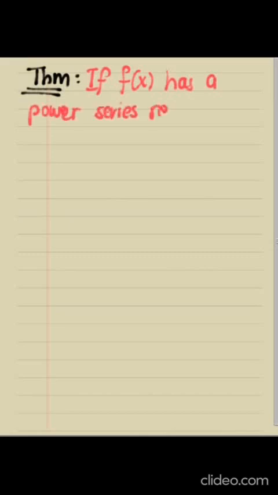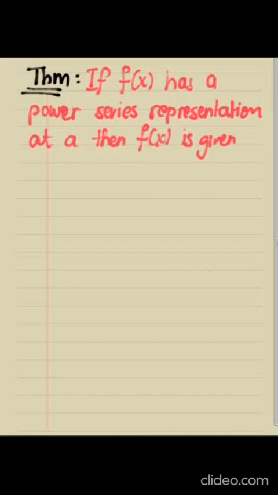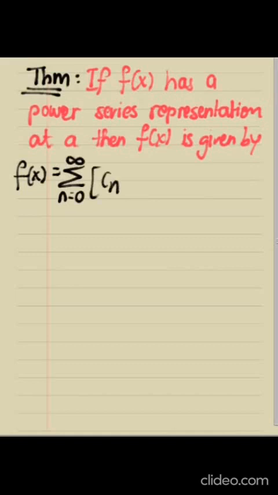And so we can formulate all of this in the following theorem. If f of x has a power series representation at x equal to a, then f of x is given by f of x equals the sum from n equal to 0 to infinity of Cn times x minus a raised to n.